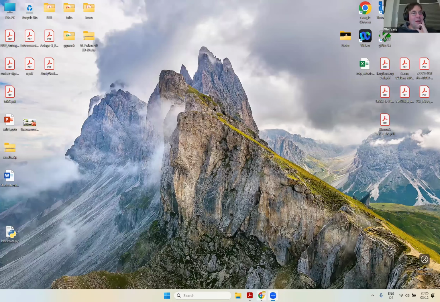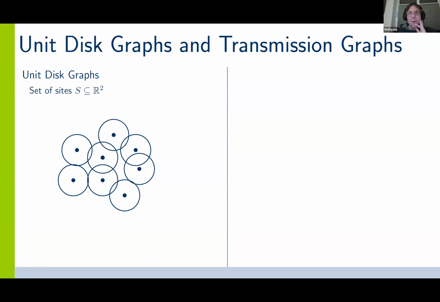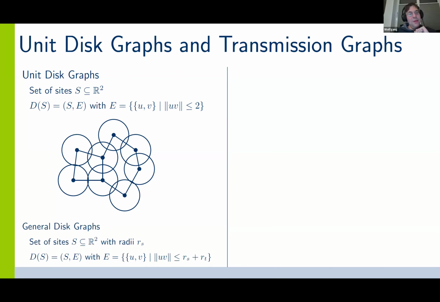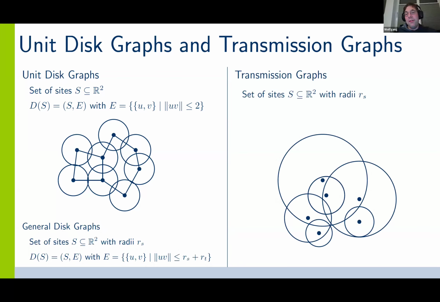I also have to say what robust means, and I also introduce some new characters into my talk called transmission graphs. Here we saw already disk graphs. Unit disk graphs are just disk graphs where all the disks have radius 1, as you know. General disk graphs we saw, and there are transmission graphs.